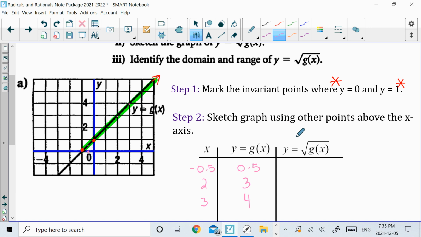How we find the corresponding points on the radical function is we take the square roots of the y values. So on the radical graph, my new point would be -0.5, so it's the original x point, and then the square root of 0.5, and that's going to be your new y coordinate.